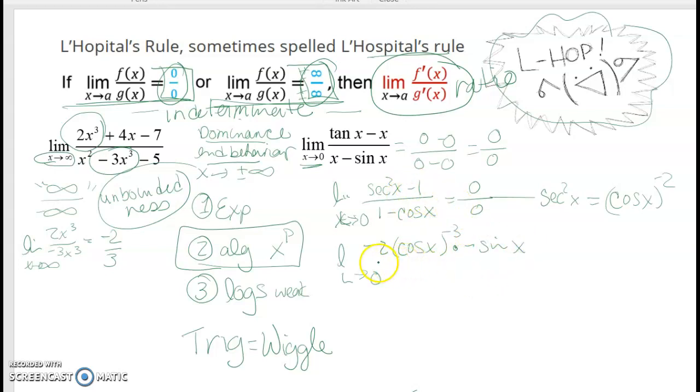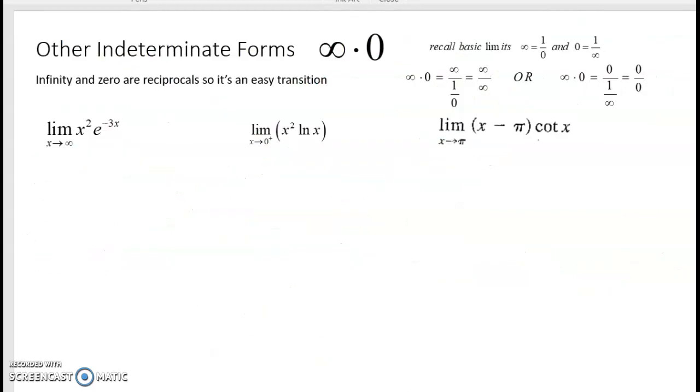Derivative of 1 is 0, over negative, negative sine x. Now the signs cancel. So really what I'm looking at is the limit as x goes to 0 of 2 over cosine cubed x. That goes to 2. Nice.